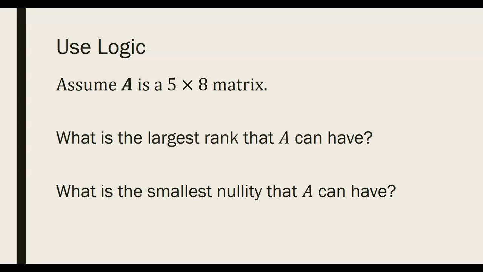Notice that the largest rank and the smallest nullity are going to go hand in hand. So what's the largest rank and smallest nullity that A can have? If you want to, go ahead and push pause on the video and think through this, and I'll explain how to find this if you can't think of it in about 5 seconds.